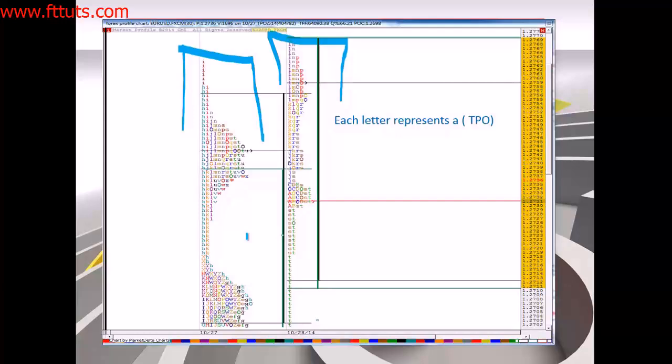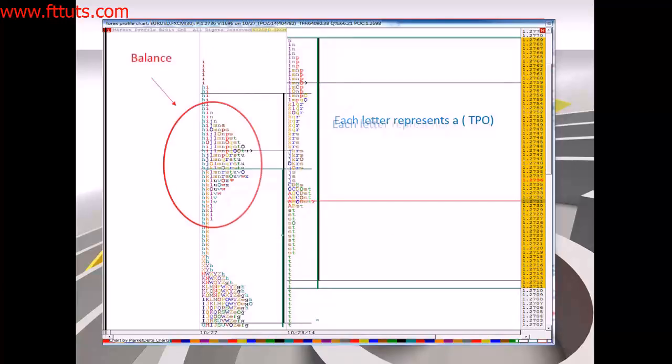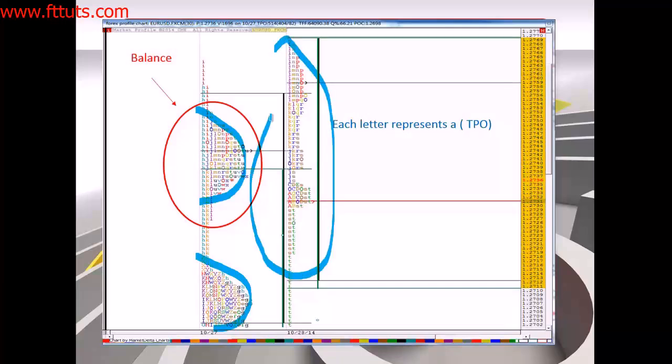But let us at least look at one more thing that the profile identifies for us very easily that we could never see in a candlestick, on a bar, or anything else, and that is whether there is imbalance or balance in the market. Look at this, just a picture of balance in this area here. We have balance down here, and we have imbalance right here. You can see the difference.